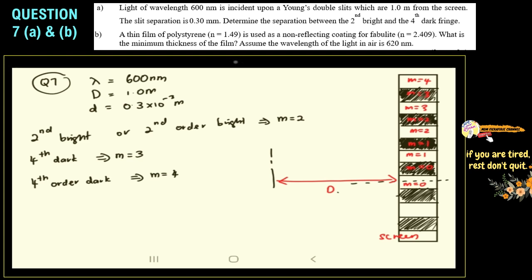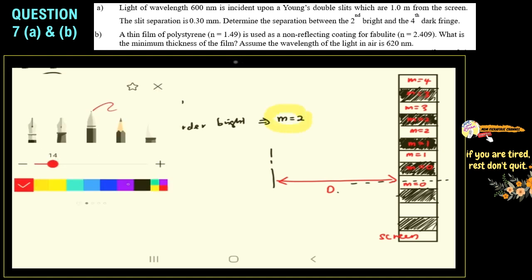Now when the question says second bright, from the center this is the first bright, and this is the second bright. So second bright, or second order, m is the order number, is equal to 2.